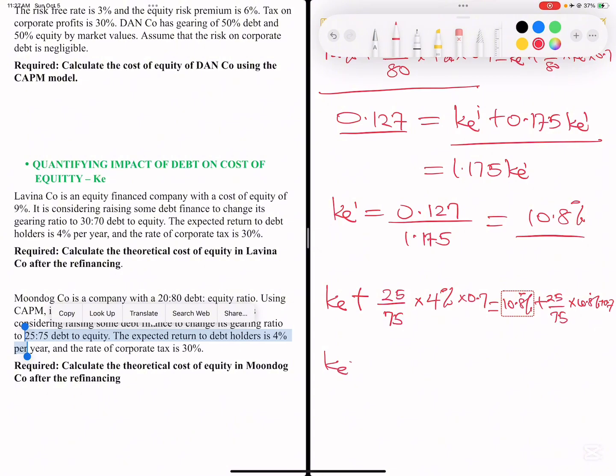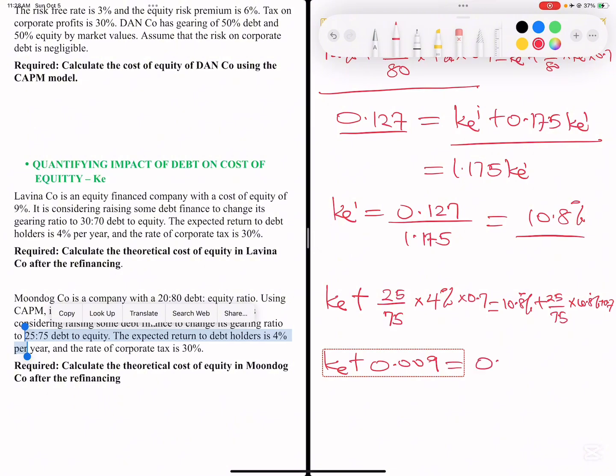So KE plus, let's do this part first. That's 0.04 times 0.7 times 25 divided by 75. That's 0.009 equals the other side. Let's do the other side. 0.7 multiplied by 0.108 times 25 divided by 75, plus 10.8%, 0.108.